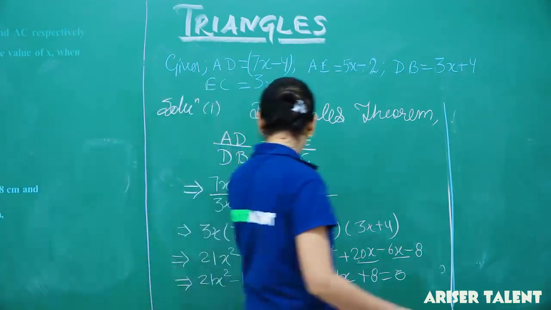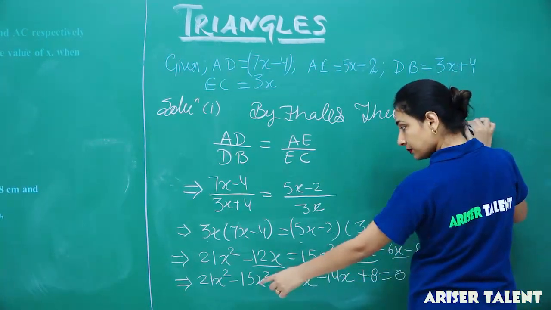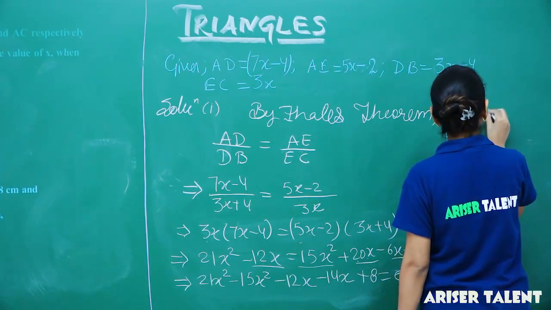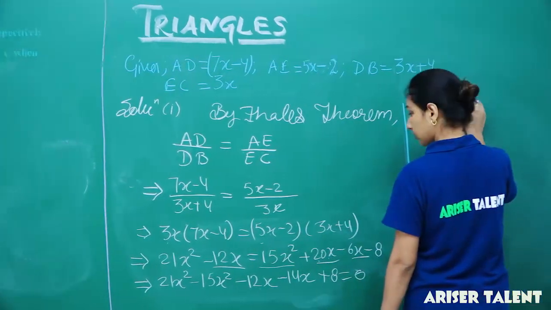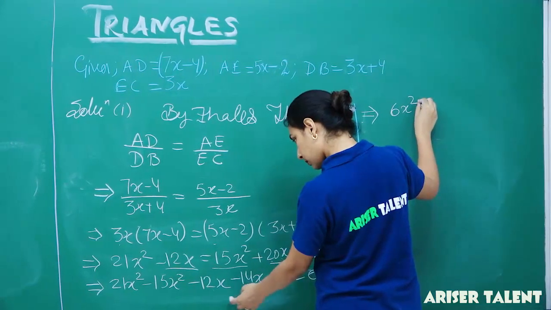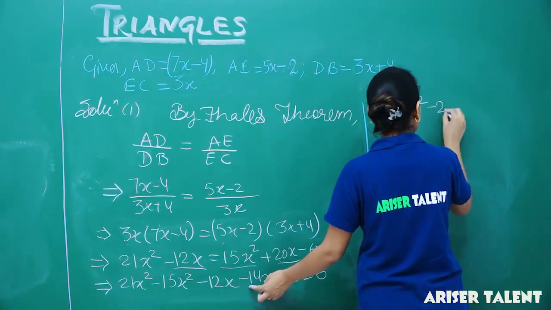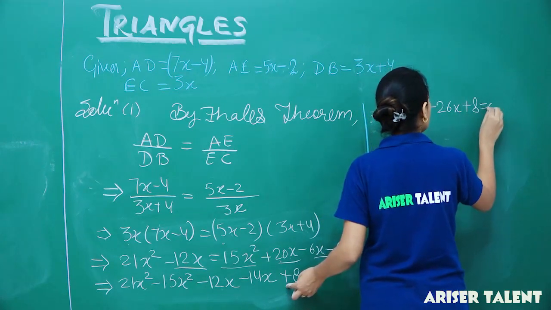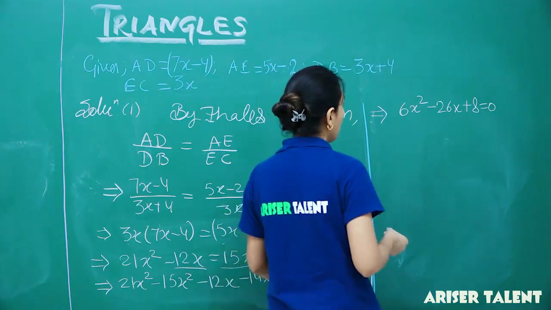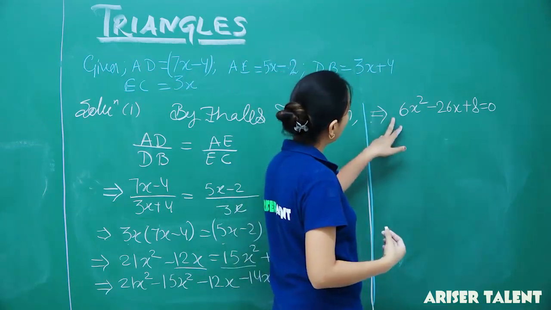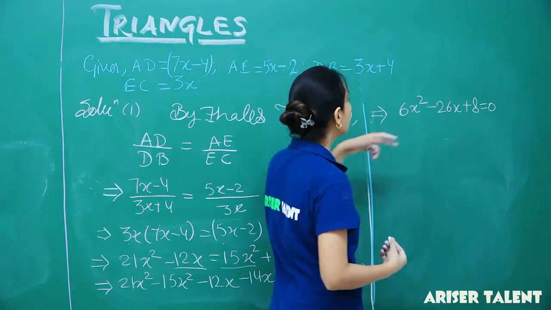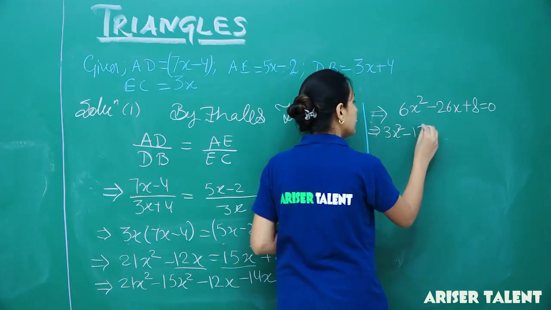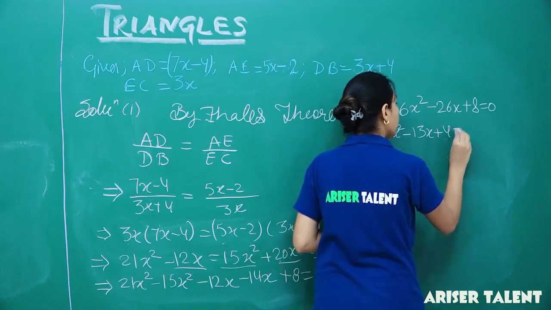Okay, now by this equation you will be having 6x square, then minus of 26x plus of 8 equals to 0. Now you can just divide it by 2, that is 3x square minus 13x plus 4 equals to 0.